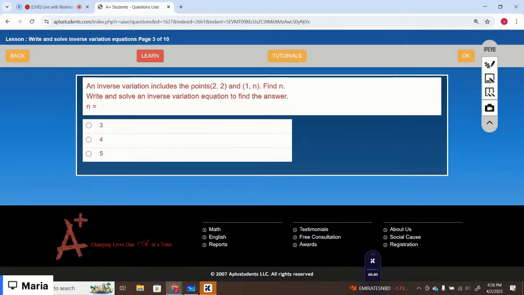An inverse variation includes the point 2, 3, and 1, and find n. So which is the correct option?